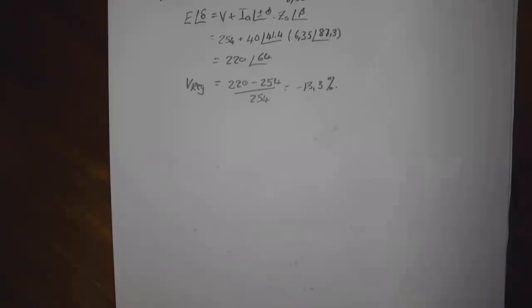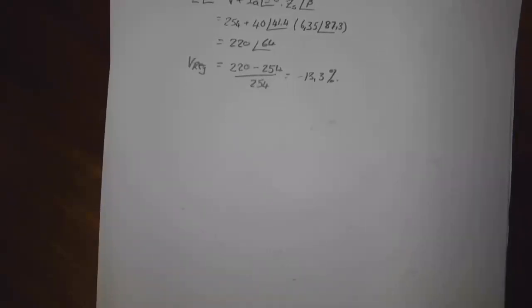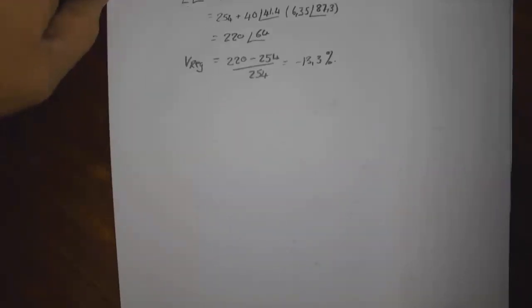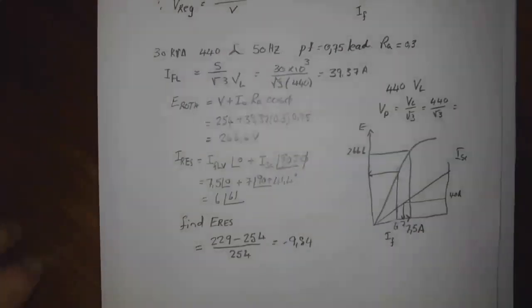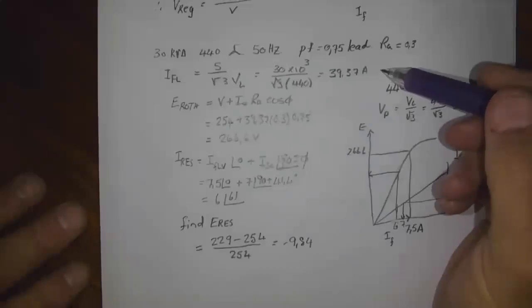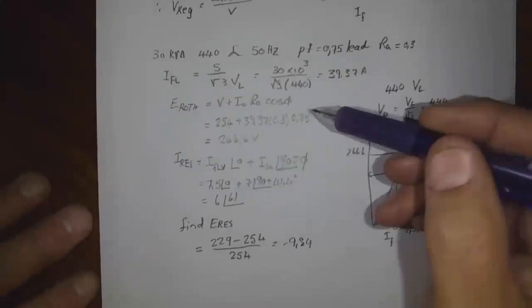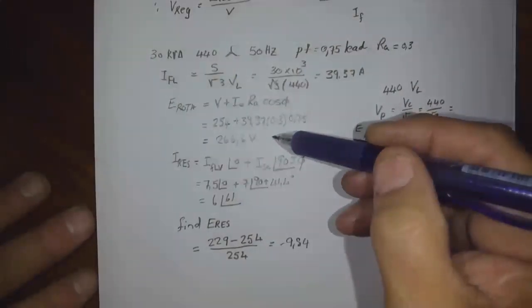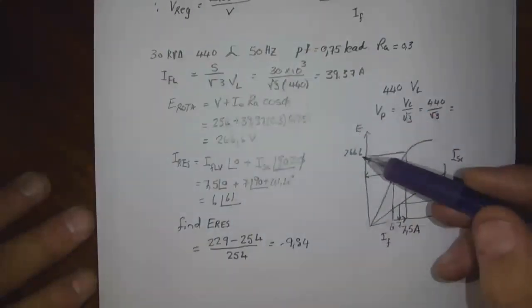Now, basically all these problems look the same. We'll always get a short circuit characteristic and an open circuit characteristic with its field currents. And then you do exactly as what we've done here. First of all, you calculate your full load current. Then you calculate Rothert voltage. Then you go to your graph and see what is the excitation.